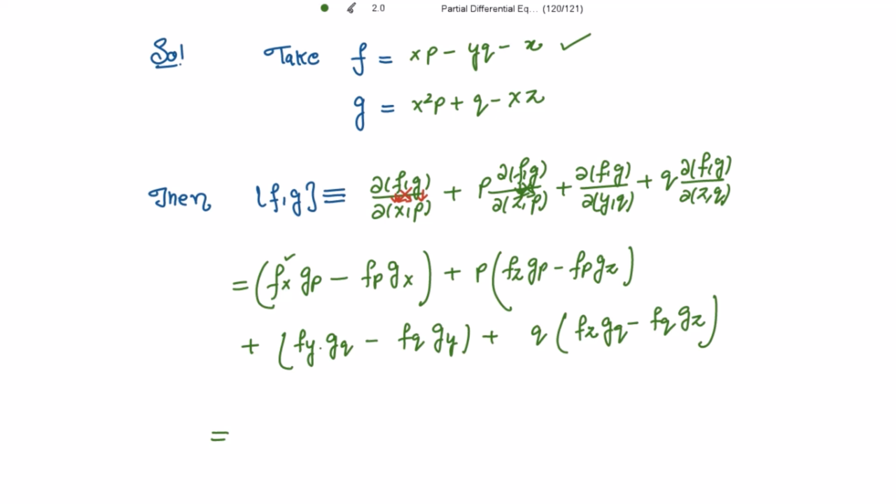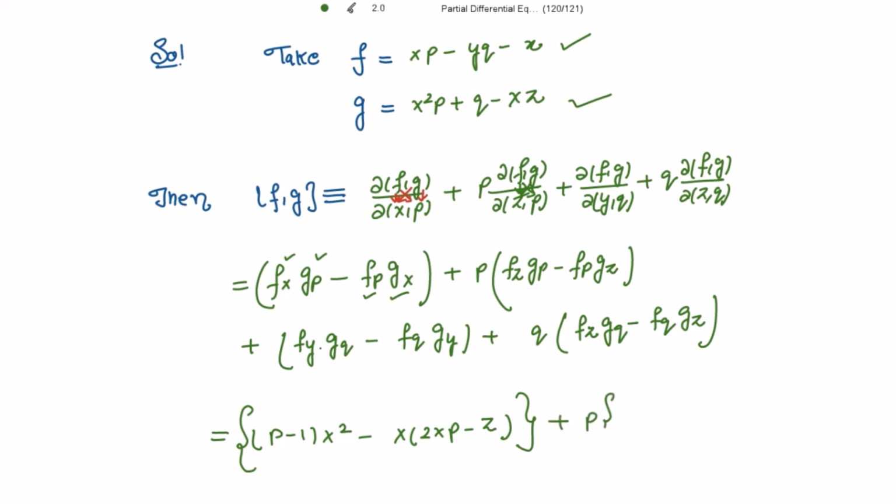So now finding the values for this. fx, the derivative of f with respect to x, gives p minus 1. gp, deriving g with respect to p, gives x square. Minus fp, deriving f with respect to p, gives x, into deriving g with respect to x, which is 2xp minus z. So this is the first term in the bracket.